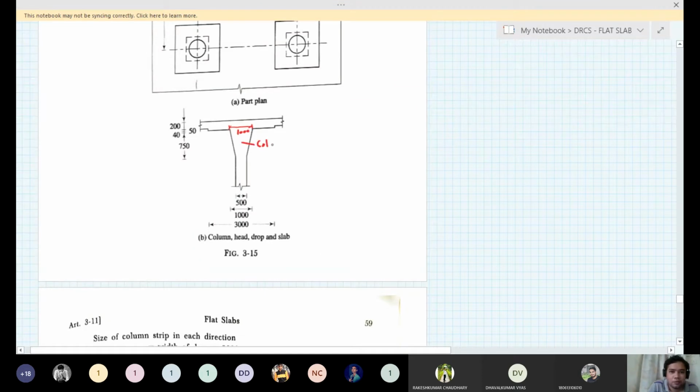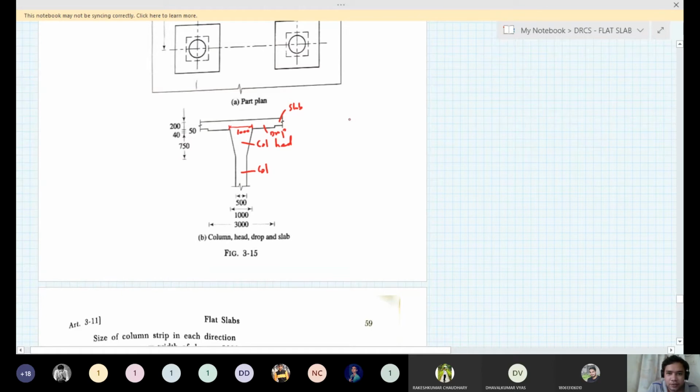This is the column head, column, then this is the drop, and this part is the slab part. You have a 50 mm projection below the soffit of the slab for the drop near the columns, with 200 mm thickness of the slab. Then this 40 mm is for the column head.